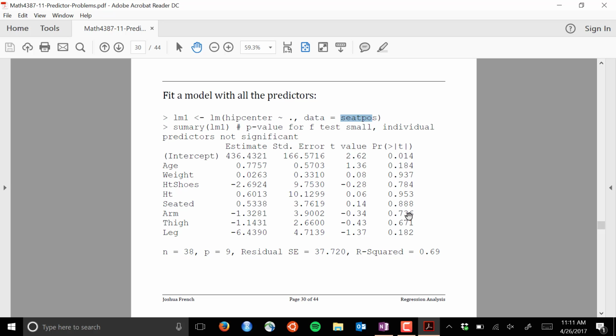And so if we have a large R-squared value, but then none of our predictors are significant, that is a clue that you might have a problem with collinearity in your regressors. Even though we haven't done any of the formal diagnostics, seeing a large R-squared value, as well as large p-values for all of our regressors, is an indication that we probably have an issue with collinearity in our data set.